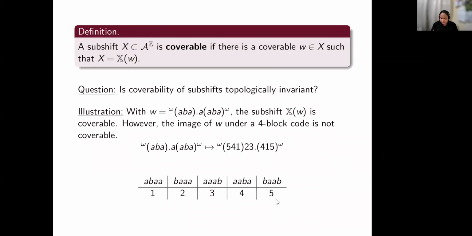Because if it were coverable, the cover must contain all digits 1 to 5, but there is only one occurrence of 2 and 3, and so there is no proper subword that would cover the positions 2 and 3. And so the image of this subshift under the fourth higher block code would not be coverable.